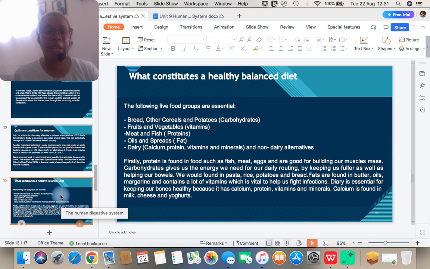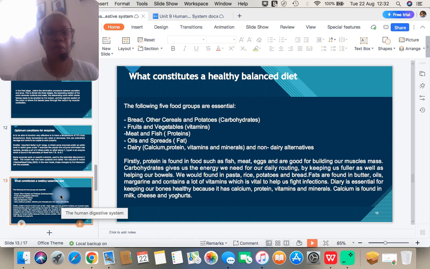Carbohydrates give us the energy we need for our daily routine, keep us fuller, and help our bowels. We will find them in pasta, rice, potatoes, and bread. Fats are found in butter, oils, and margarine, and contain a lot of vitamins, which are vital to help us fight infections.